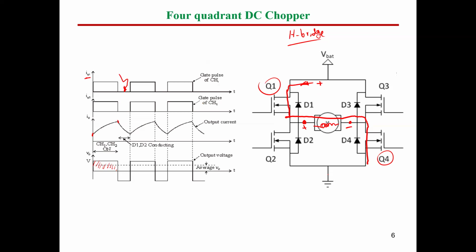If you find the current flow in this direction, this has to be in the direction of Q4 and through diode D2. So if this is IG1, IG4 will not be only this positive interval. IG4 will be on all of the time.